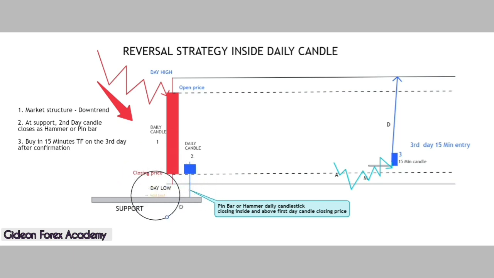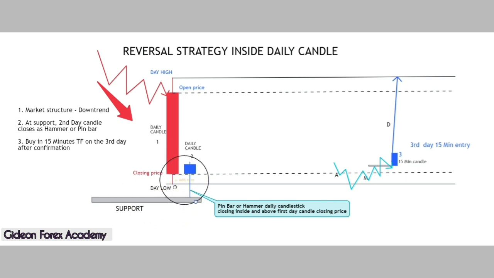And then the next day we see a candle like this one, either a hammer or a pin bar. These are daily candles, guys. So on the first day you have one bearish candle, closing after hitting a major support, closing above the support.